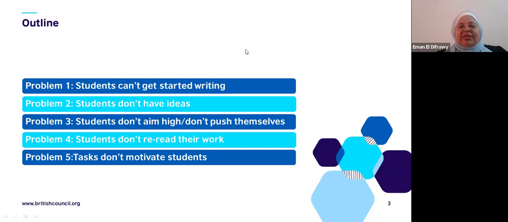In today's lesson we are going to talk about some problems and the solutions for these problems. Let's start with the first problem: students can't get started with writing the first sentence in a paragraph. We always tell our learners to start the paragraph by writing a sentence that grabs the reader's attention, for example, and still they couldn't write.